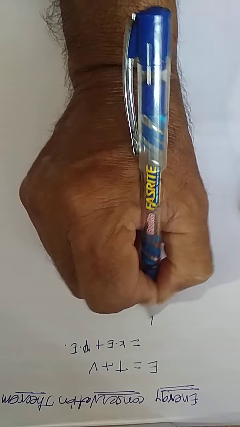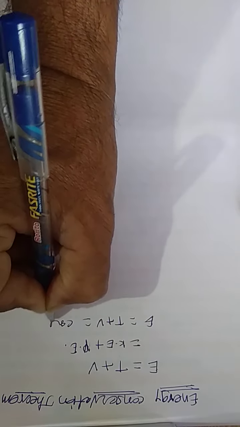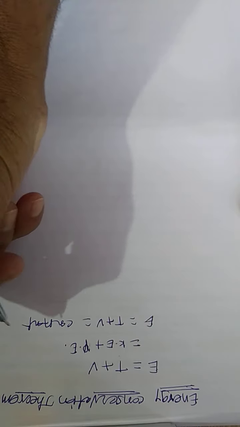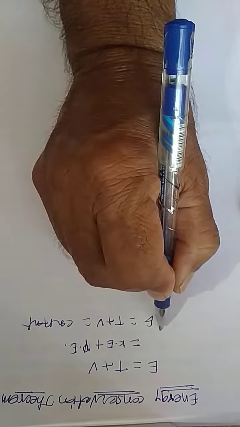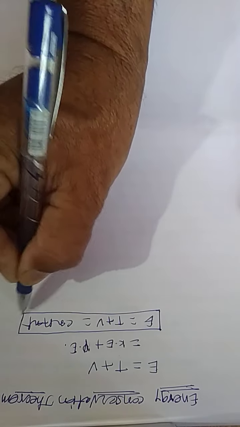And this total energy of the particle, T plus V, equals a constant. T plus V equals constant. This is the conservation of energy theorem.